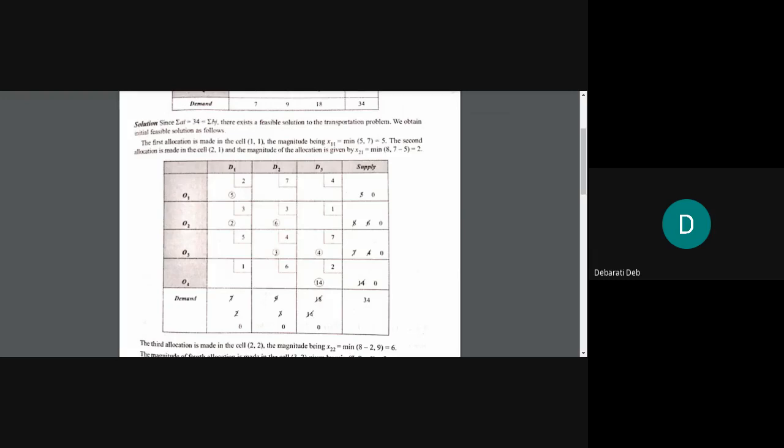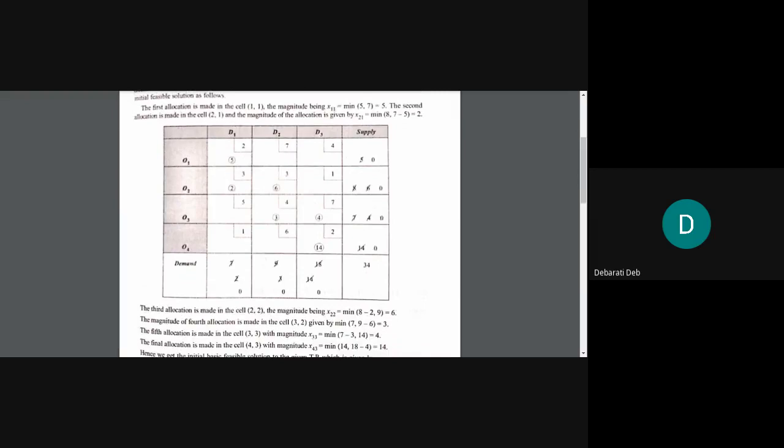So you write D1, D2, D3 at the top, and at the left hand side you write O1, O2, O3, O4. Then you write supply and demand: supply as the last column heading and demand as the last row heading.